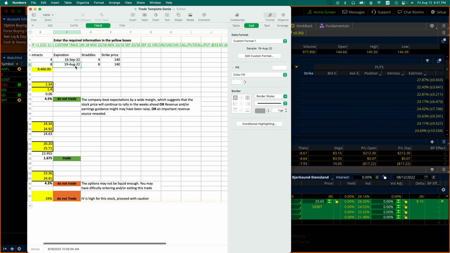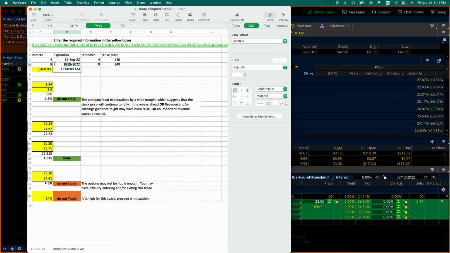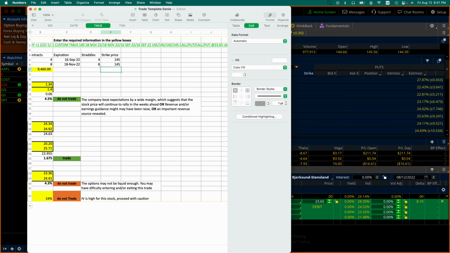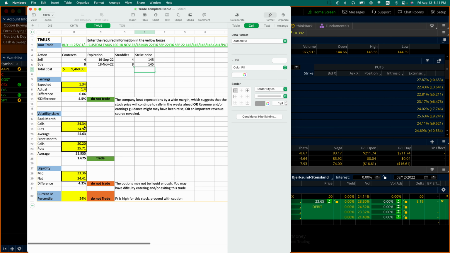And the back month is November the 18th. And then you can keep that for future reference, and the strike price is 145 for both. All right, let's do the rest.